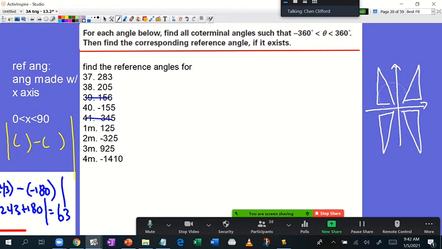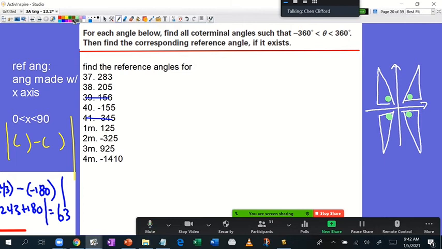We're either going to be talking about this green angle, that green angle, that green angle, or that green angle. It's going to be one of those four.